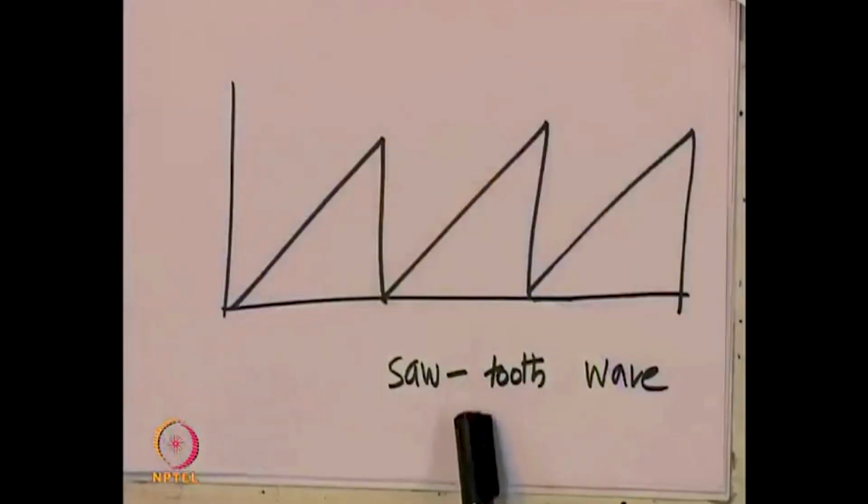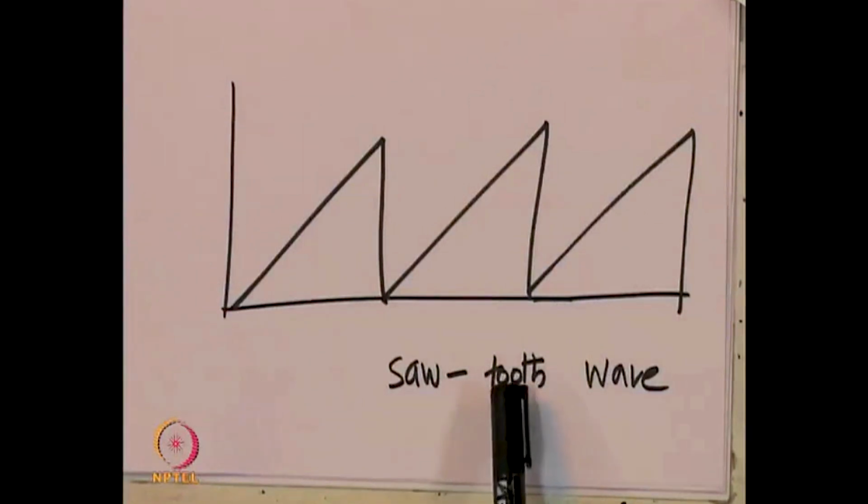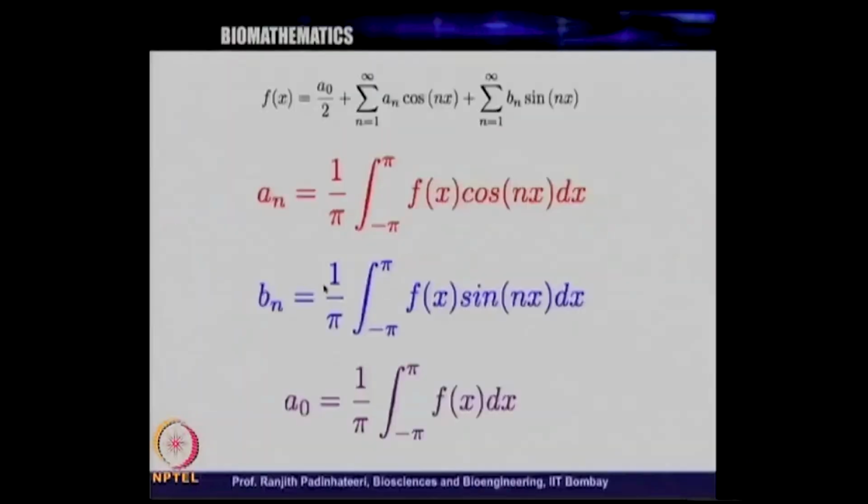Last time we learned the sawtooth wave. Today we will learn another kind of wave; that is the aim of today's lecture. But let us quickly remind ourselves what we discussed last time. If you have a function which is a combination of sine and cos, the coefficients a n and b n can be found by integrating.